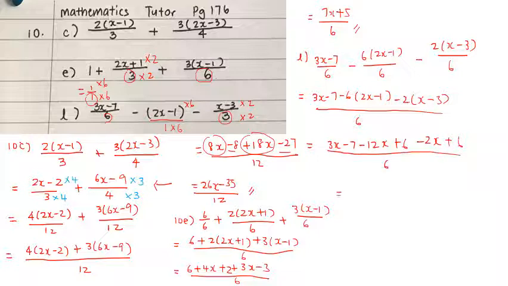And now I simplify. 3x minus 12x, I get minus 9x, minus 9x minus 2x, minus 11x. Minus 7 plus 6 minus 1, minus 1 plus 6 equals to 5. Doesn't look very nice to me that the first term here is negative. Let me just turn the terms around. I will have 5 minus 11x over 6. Either one will give you the correct answer.